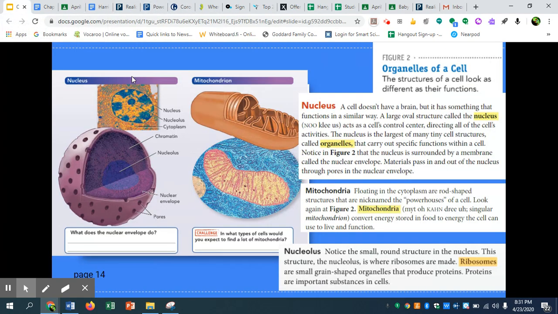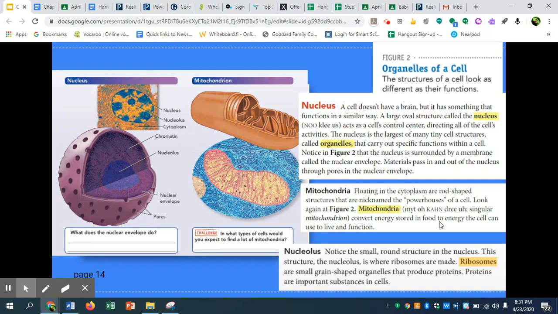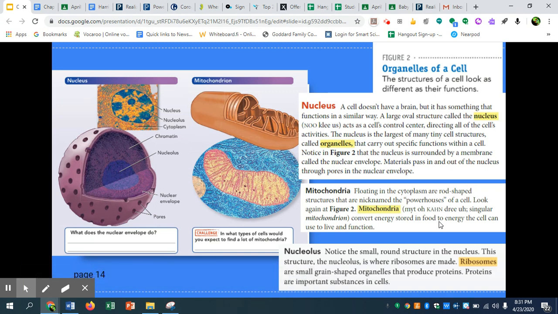It says, challenge question: in what types of cells would you expect to find a lot of mitochondria? Now remember, the mitochondria produces the energy of the cell. So if you think about your body, what tissue or what part of your body needs the most energy to function?